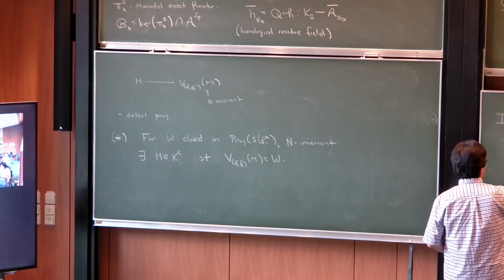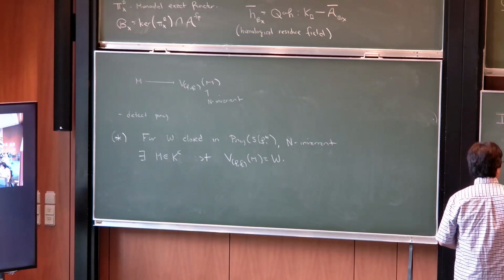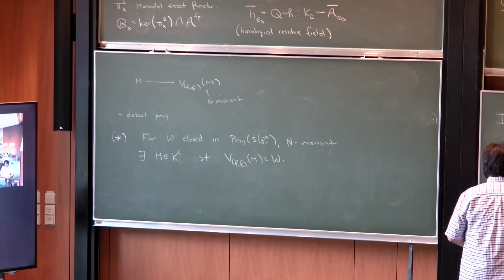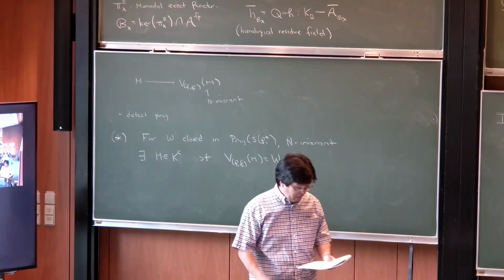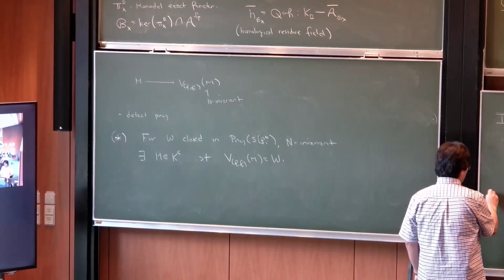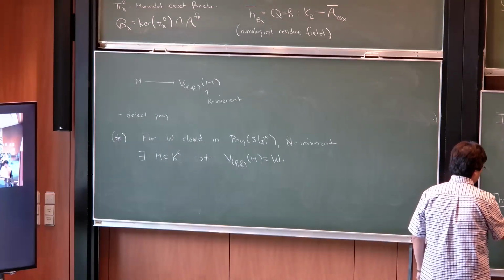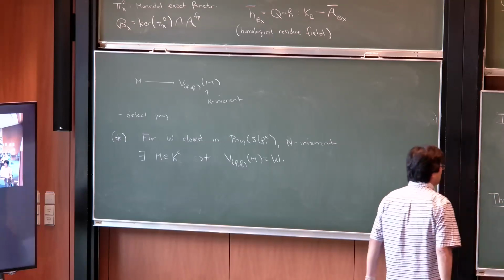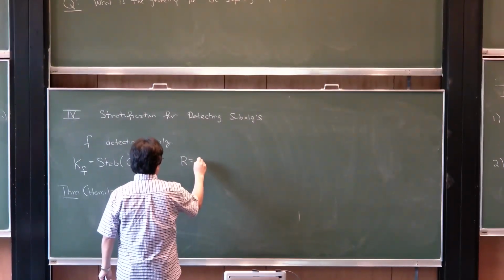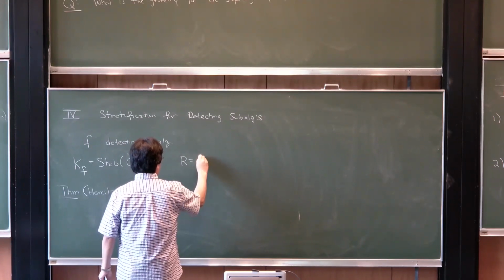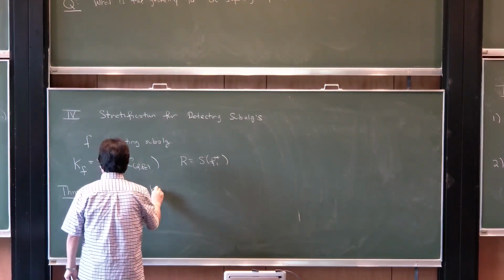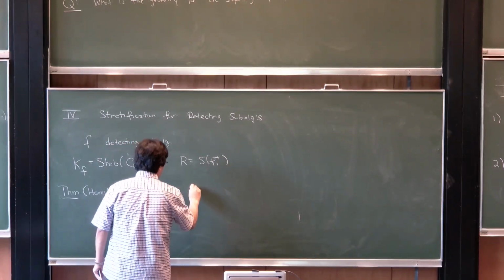I'm going to do K_F, the stable Monty category for C of F, F0. The theorem that we first proved, and the rest of the work is with my student, is that K_F is stratified by R, where R is just the cohomology. So K_F is stratified.